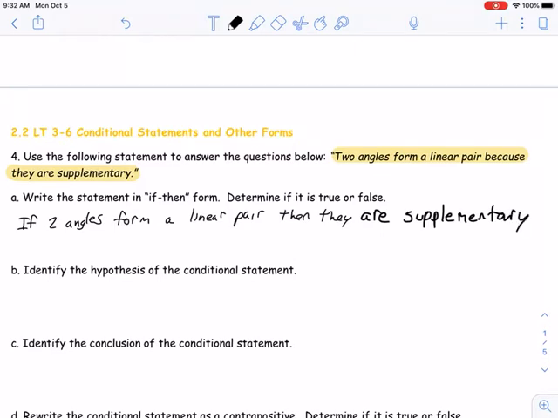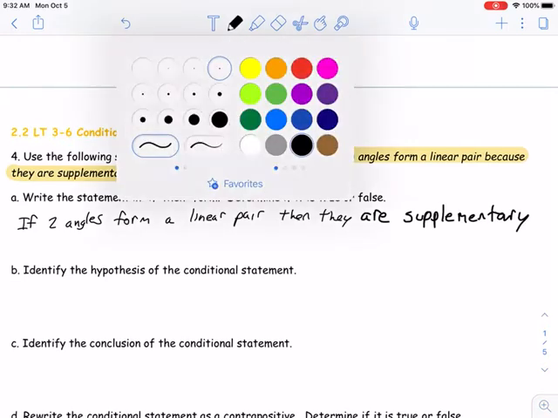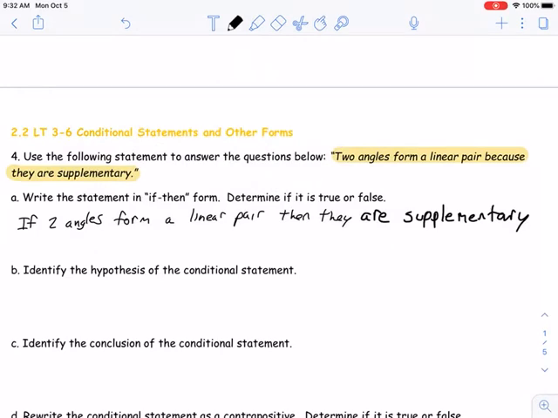So we put it in if-then form, so we kept the order the same, we made it sound grammatically the best we could, and determine if it's true or false. Well, linear pairs are supplementary, so that's true.